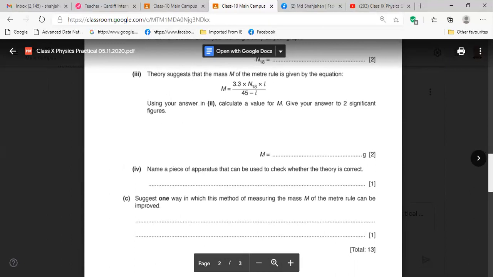If the y-axis is 25, then you take 14 squares. Each two squares will be 10. Two big boxes, right? Yes. Two big boxes will be 10.